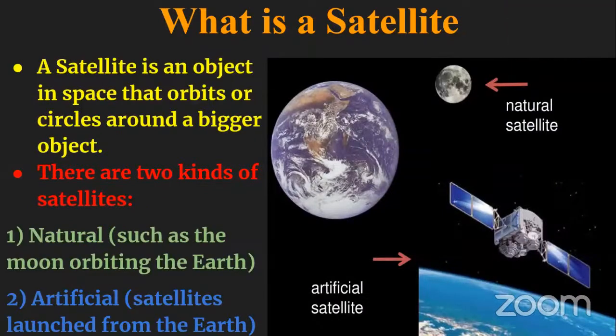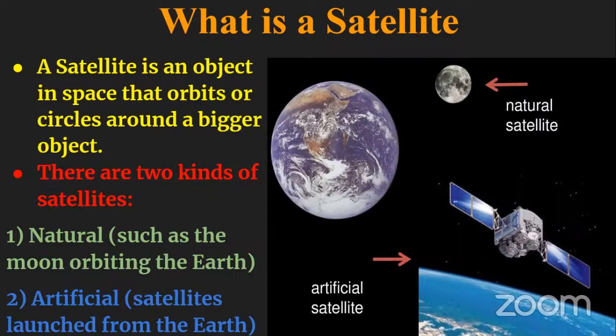Basically, we'll start with the definition of what a satellite is. Any object in space that orbits or moves around a bigger body, a smaller body which is moving around a bigger body, can be called a satellite. We have 2 kinds of satellites, natural and artificial. Natural satellites are nothing but the moons.